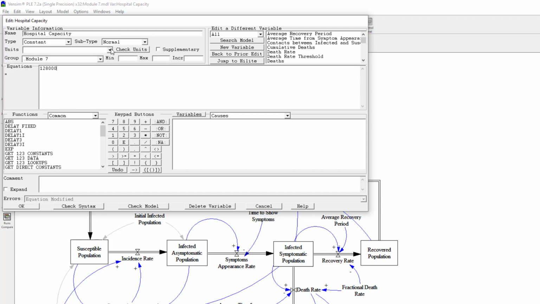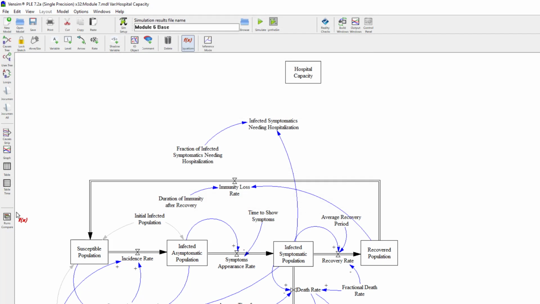Usually when we are talking about hospital capacity, we'll count it as number of beds. But because we're going to be comparing that with number of patients, I'm just going to use the unit persons. So we're going to assume that the capacity that we have can accommodate 128,000 people.